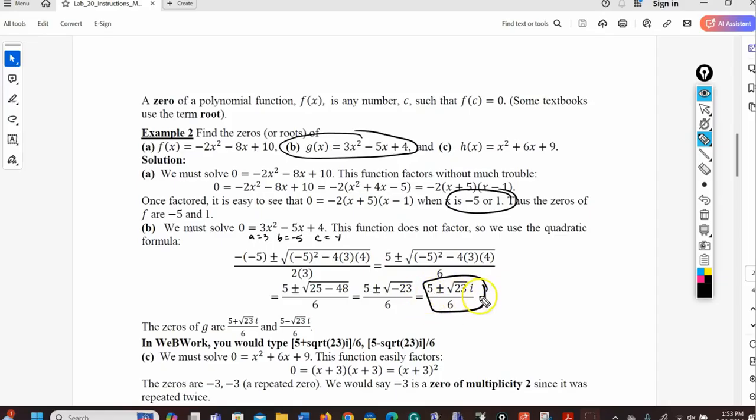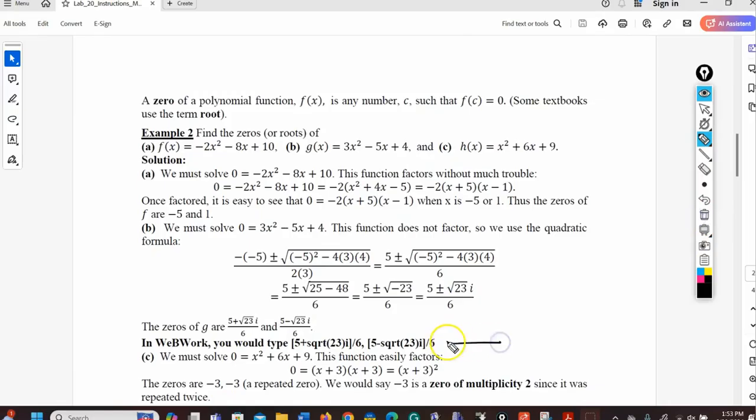And notice that we have non-trivial complex zeros. These are our zeros. And again, in WeBWorK, this is what you would type. You have more than one expression in the top, so the whole expression in the top has to be put inside those square brackets.